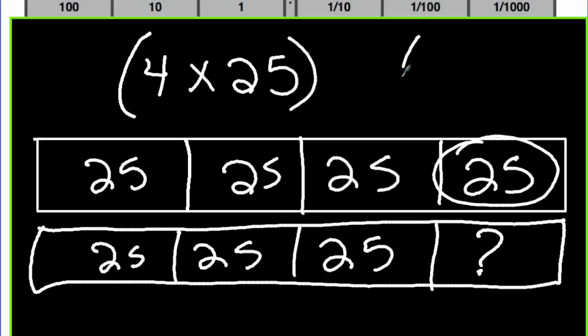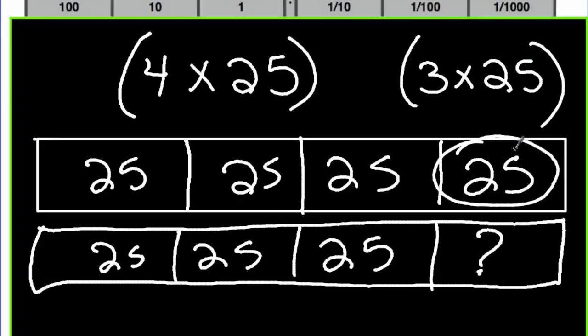And 3 times 25. What goes in between the 2? Good. It says difference, and the difference is the answer to a subtraction problem, so that would be minus.